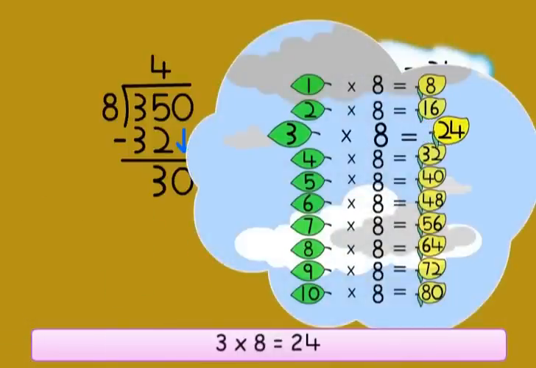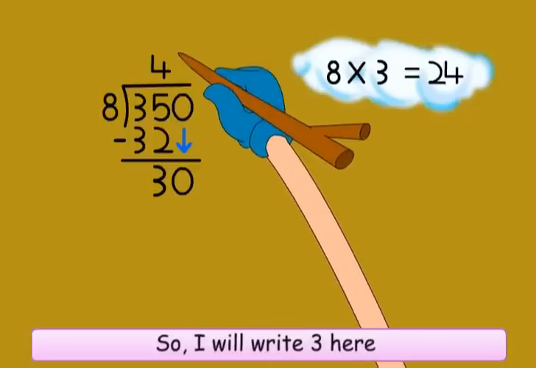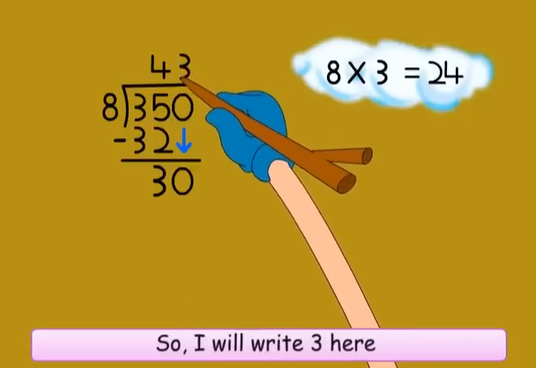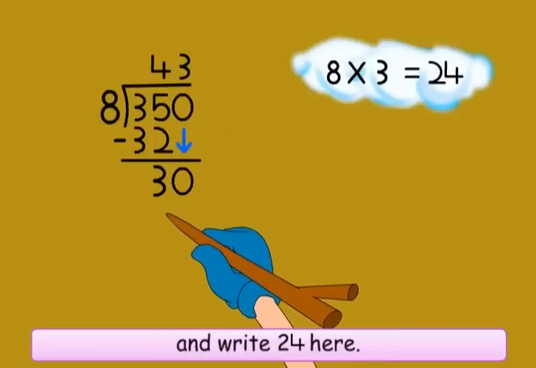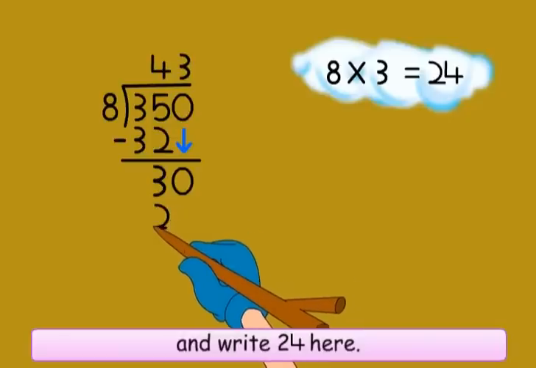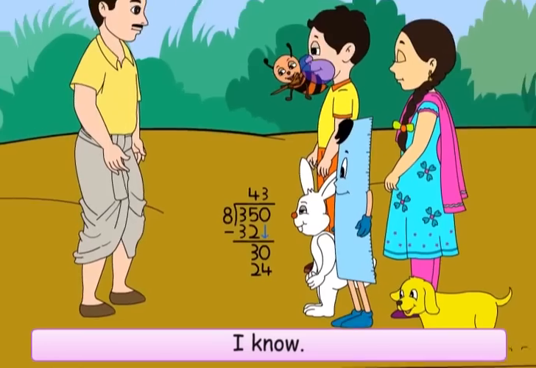8 threes are 24. So I will write 3 here and write 24 here. I know.